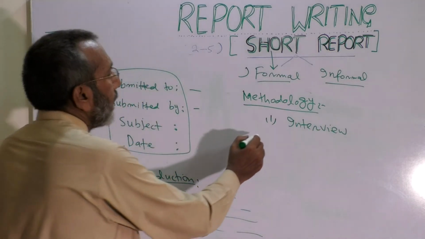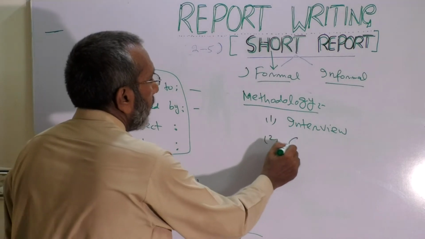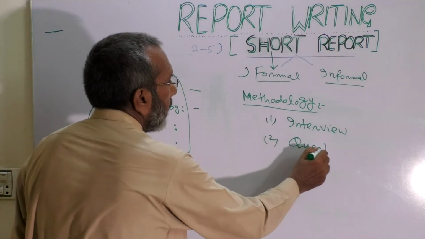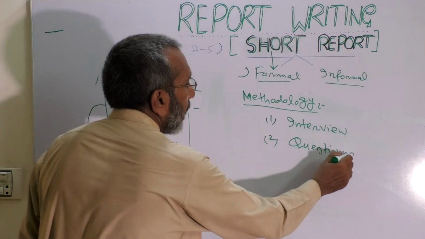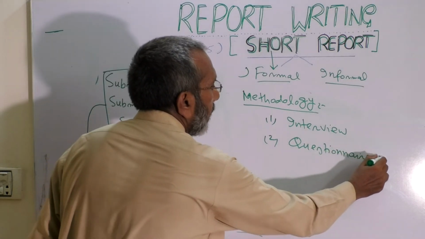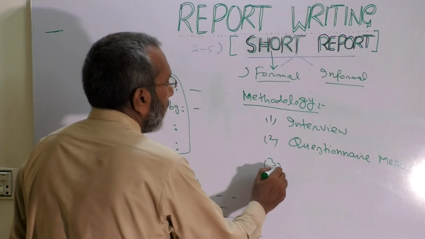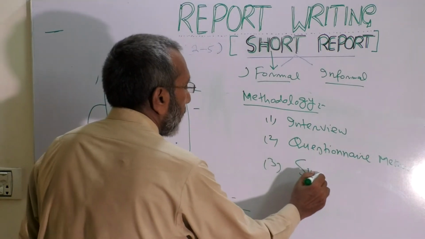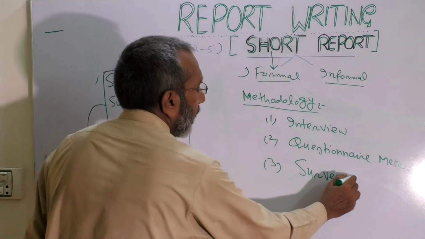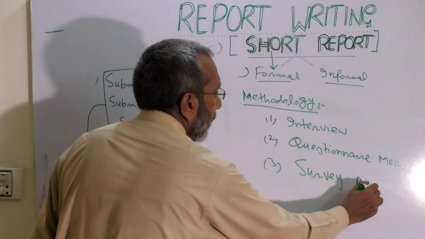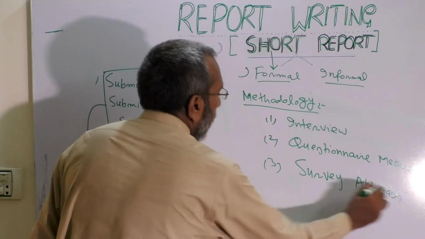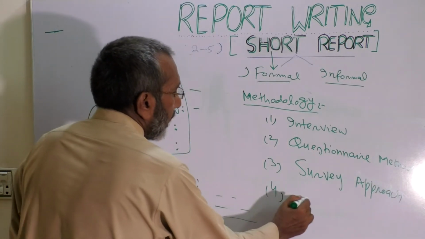In methodology you can say it can be the questionnaire method. These are different methodologies. In general we say survey approach, an overall survey of something. It can be like this. It can be sort of an observation method.